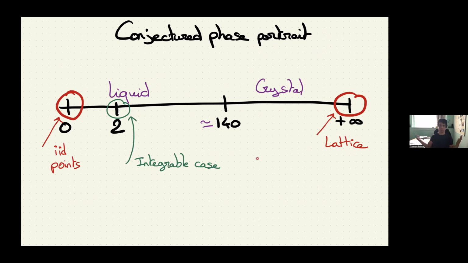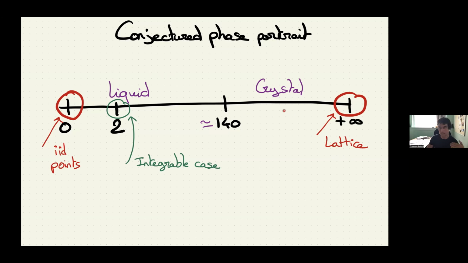So if I draw this phase portrait, let me emphasize that for the moment, almost everything is a conjecture. And this is beta, the inverse temperature. Let me start from here. So that's temperature 0. You would be a lattice. Exactly here you're a lattice. Here you're a crystal, which means something close to a lattice, but not exactly a lattice.